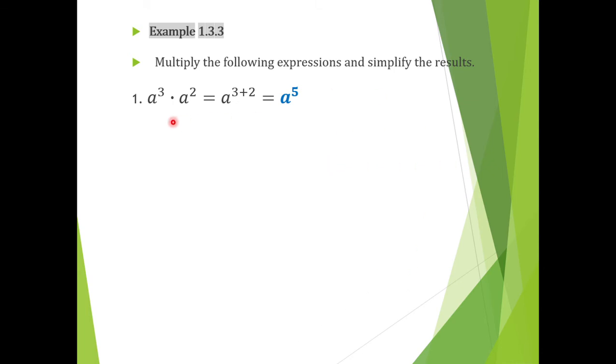For example, what we did earlier, a raised to 3 plus 2, so we have a raised to 5. Remember this is 2, 3, 3, 2. So we combine them: 2 raised to 2 plus 5, 3 raised to 2 plus 4. So 2 raised to 7, 3 raised to 6.